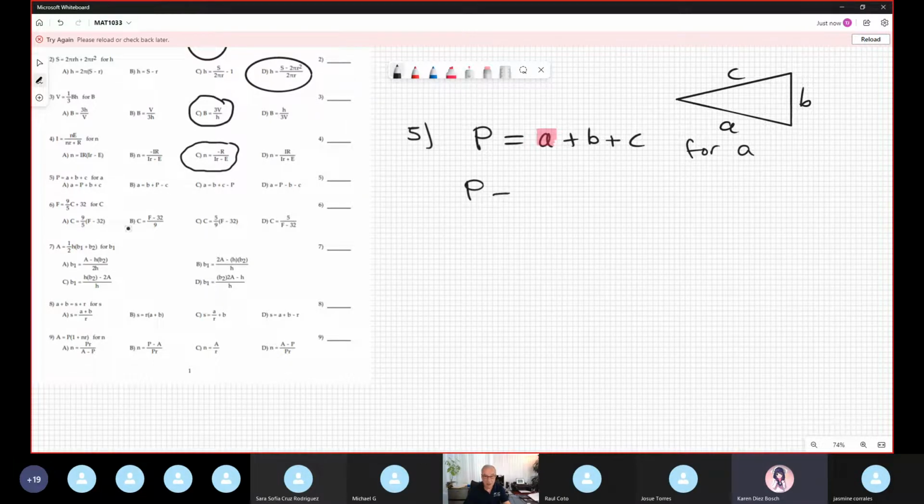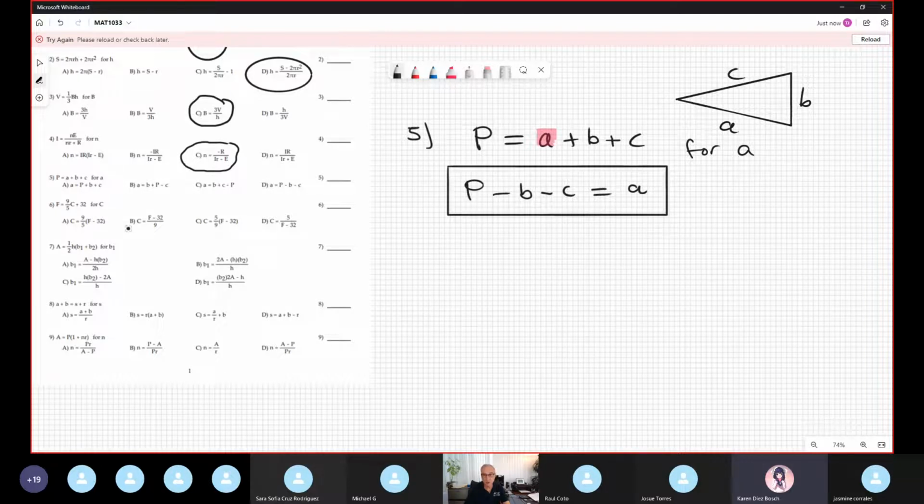P minus B minus C is equal to A. End of the story. In this case, you subtract because the operation connecting A, B, and C is addition, not multiplication. So P minus B minus C, like that. Cool or no?